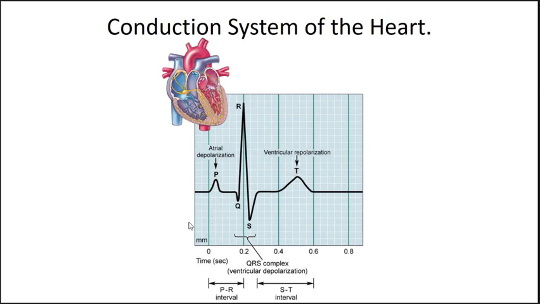So what we have here is what's referred to as a normal electrocardiogram. We have these arbitrary letters that are given to represent the different waves or deviations from baseline. So this is just a straight line here. These deviations are called waves. So we have a P wave, we have the QRS wave, or it's called the QRS complex, and we have the T wave that are present.